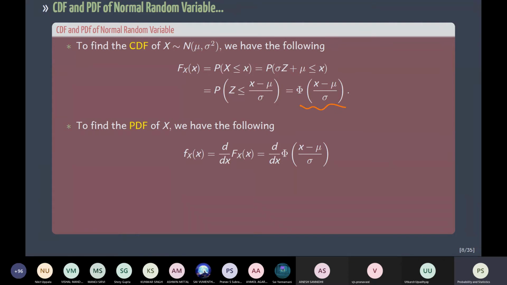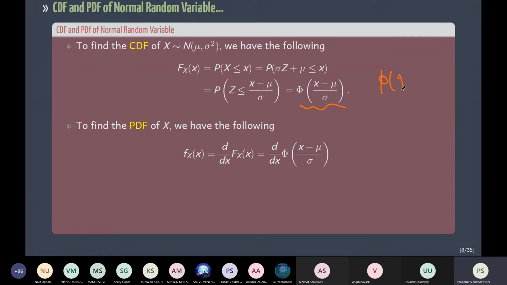So here you will apply the chain rule, right? x is inside and it's inside some function, so it's like phi of g of x form, right? So the scalar should come out, because you have to take the derivative using the chain rule.